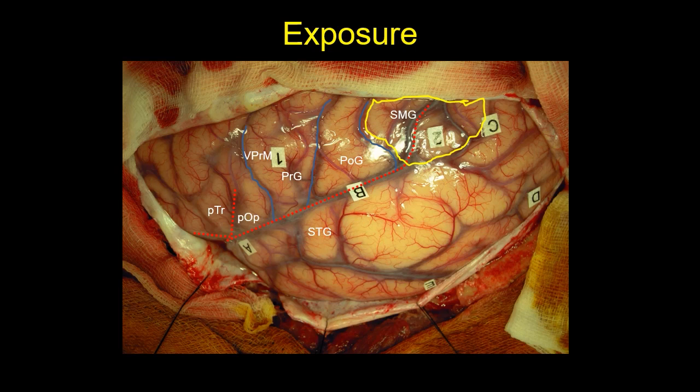For reference, this is the left-sided sylvian fissure, this red dotted line, pars triangularis and pars opercularis with the inferior frontal gyrus, the inferior portion of the precentral gyrus and postcentral gyrus here, superior temporal gyrus here. One can note the very expanded posterior portion of the superior temporal gyrus corresponding to the tumor.